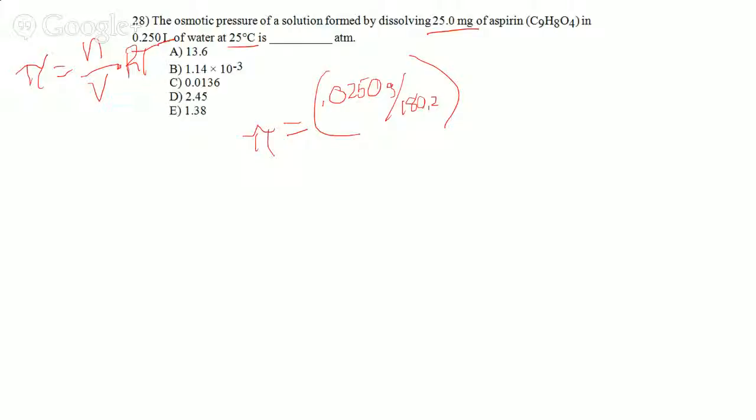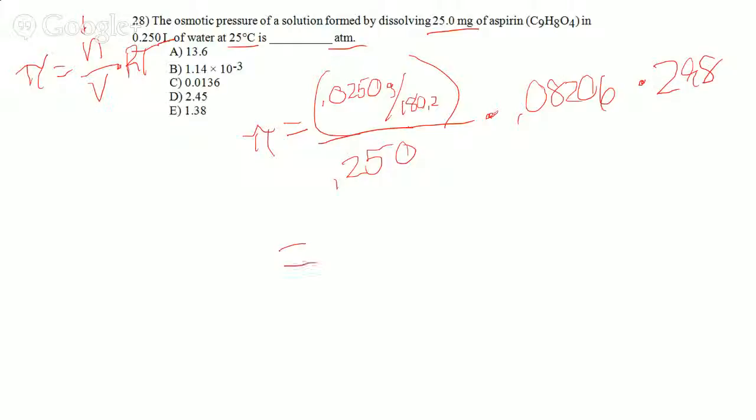And that is our moles. Divided by the liters, 0.250 liters times R, 0.08206, because we're using atmospheres, and times the temperature in Kelvin, 298. And we get an osmotic pressure of 0.0136, which would be choice C.